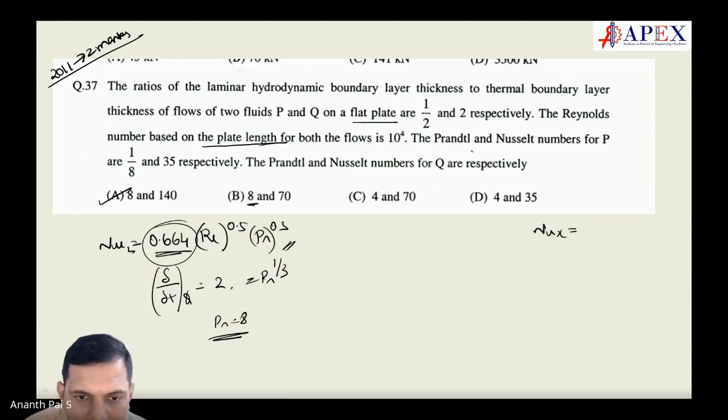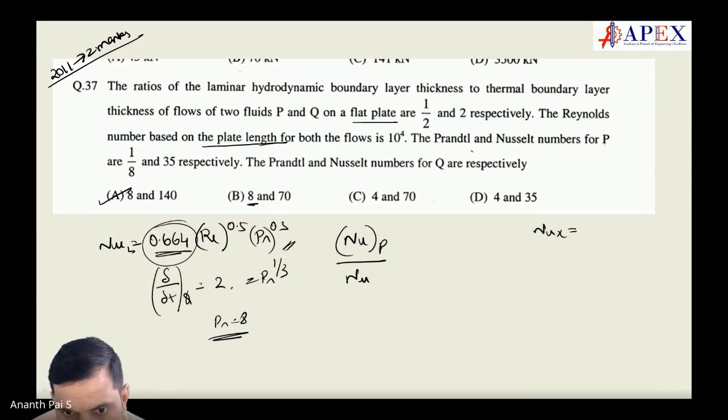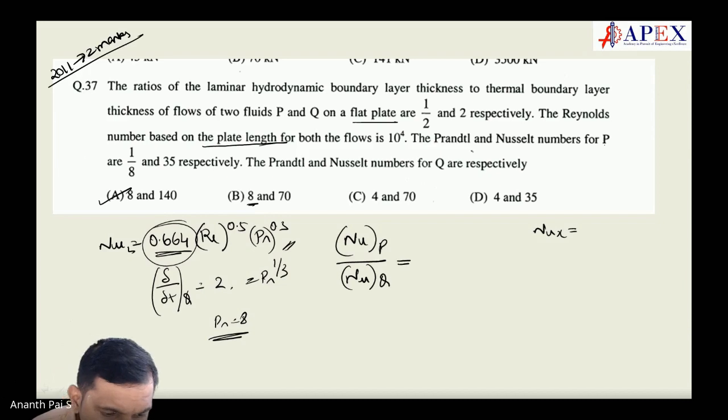So what you have to take is the Prandtl and Nusselt number for P is 1 by 8. Yeah, Prandtl number is 1 by 8 for P, and 35 for Q. So Nusselt number of Q is, we can say, some function.